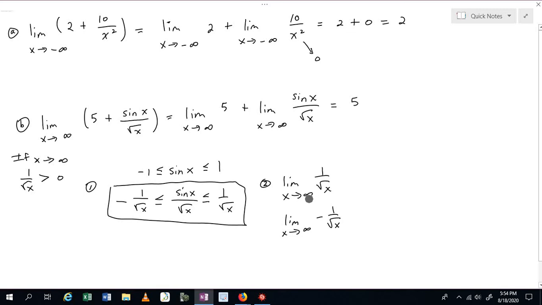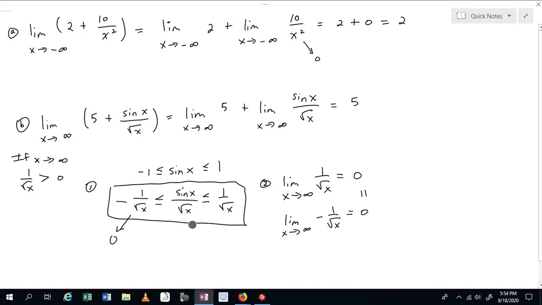Well, as x is getting larger and larger, 1 over the square root of x is heading towards 0, so this limit would be 0. And that's the same for this. So both of these are approaching the same number, right? They're both approaching 0. And by the squeeze theorem, that means the limit of this function that's trapped between them must also approach 0.